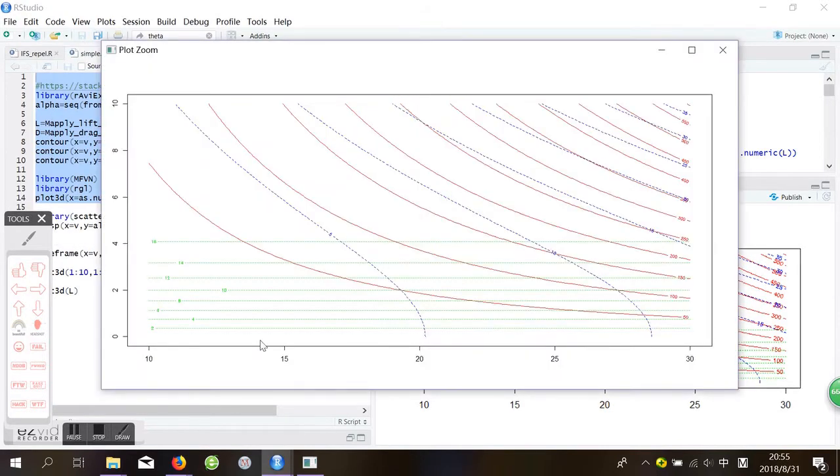So the x-axis is the speed, and the y-axis is the angle of attack, and from the angle of attack and speed we could calculate the corresponding lift and drag, so we can make a contour line.